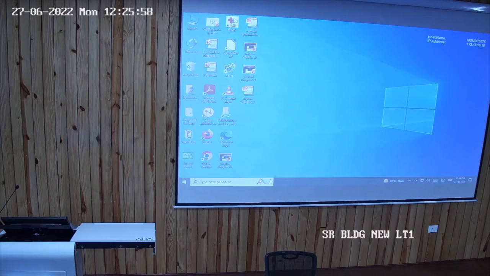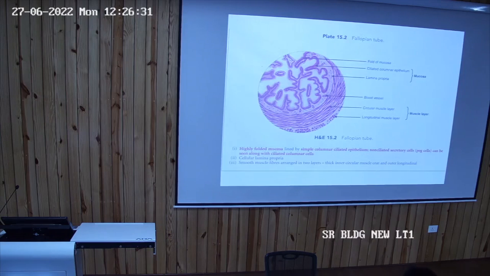It is better if I use my own laptop rather than this. Now the next slide is of the fallopian tube. The fallopian tube is a pair of tube-like structures, of which one end is attached to the uterus and the other end opens into the peritoneal cavity.